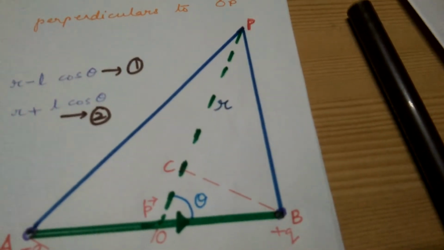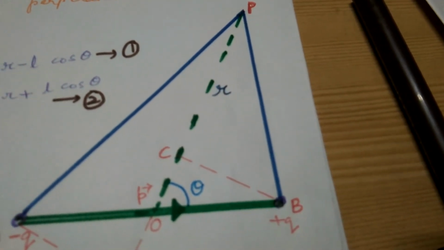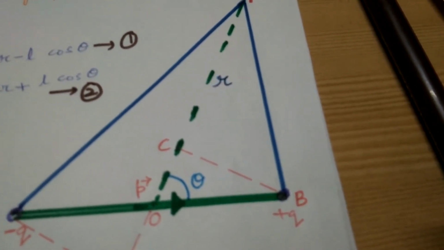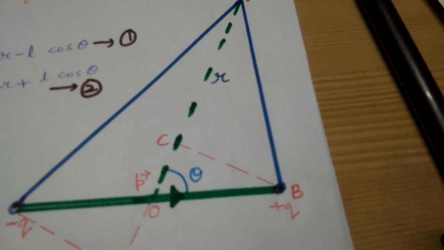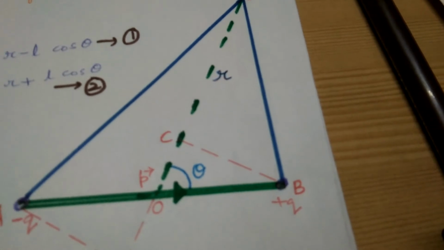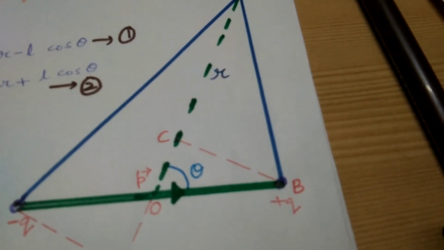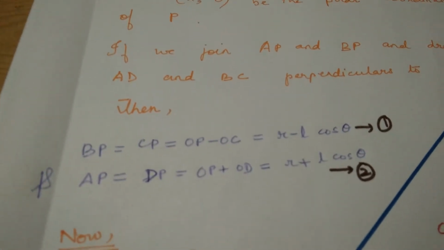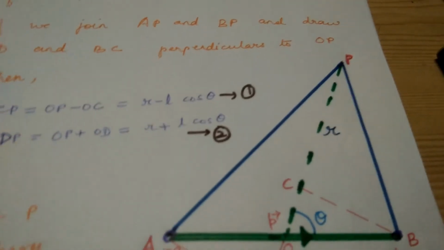So what is CP then? CP is OP minus OC, meaning total distance OP is r and OC is L cos theta. So r minus L cos theta.